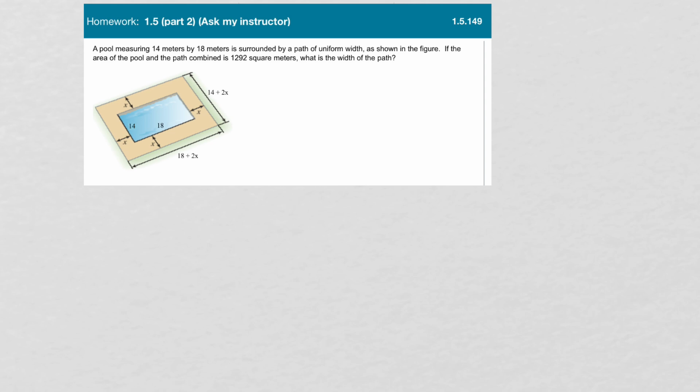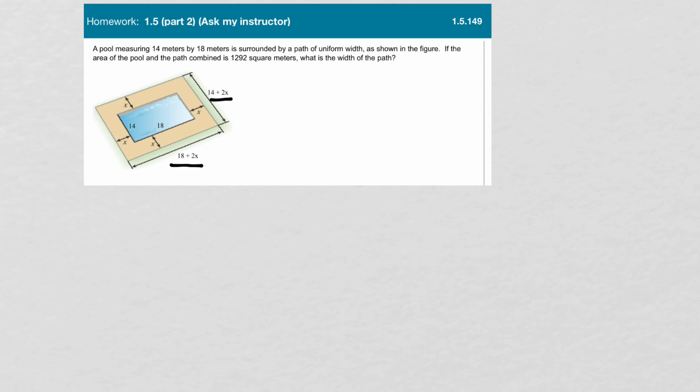Now they give us the width of the entire pool and path combined, and that's 18 plus 2x, and the length, or whichever order, doesn't matter, is 14 plus 2x.